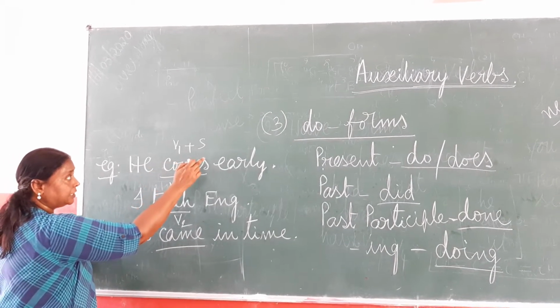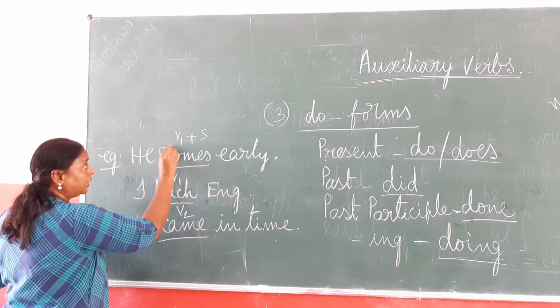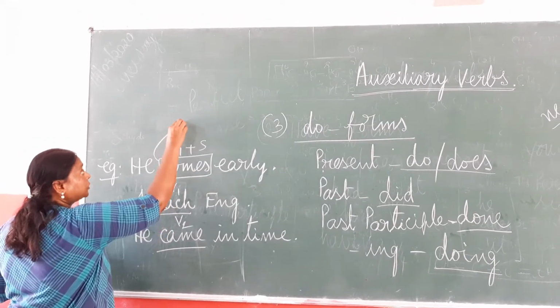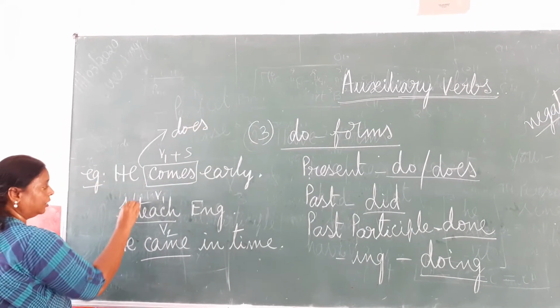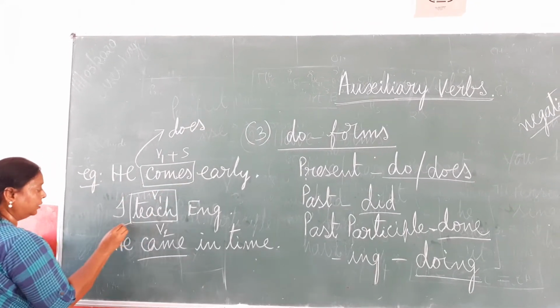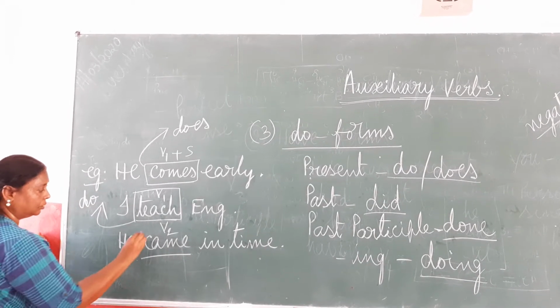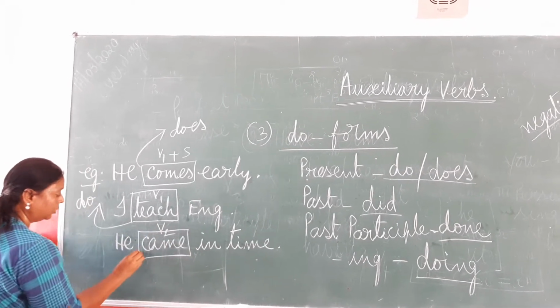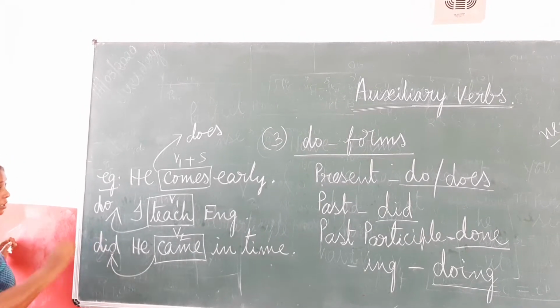This is present plus s, and for this, to make it negative, we use does. It is only V1, for this we use do. This is V2, for this we use did.